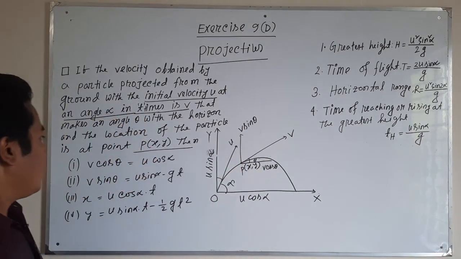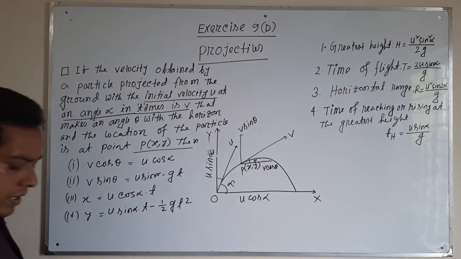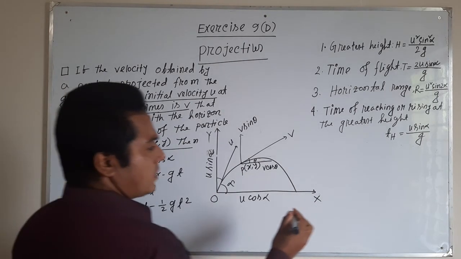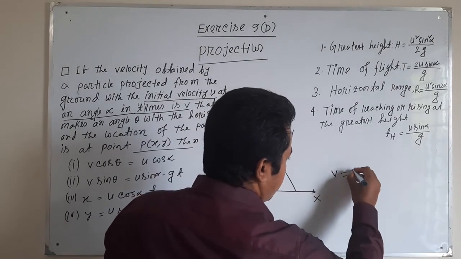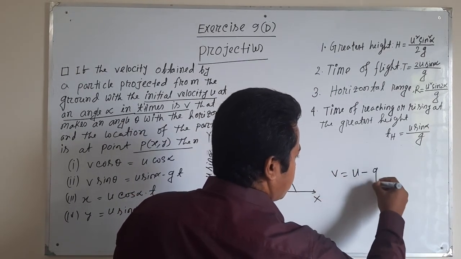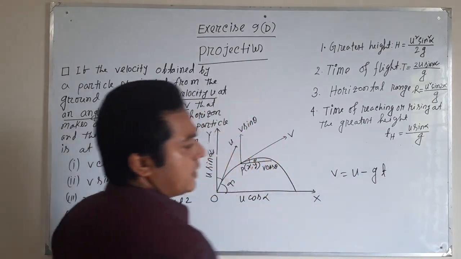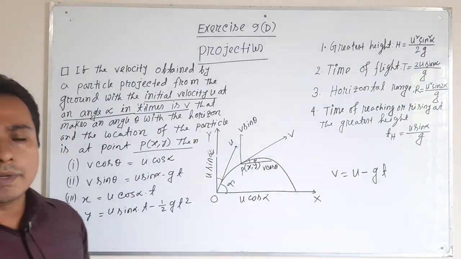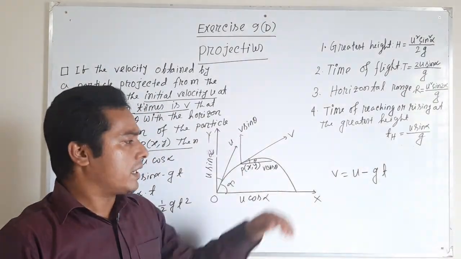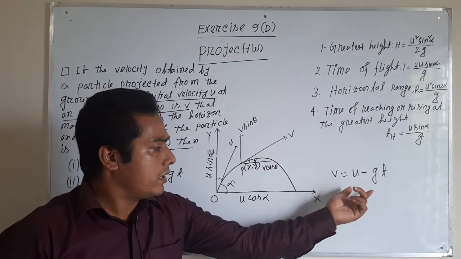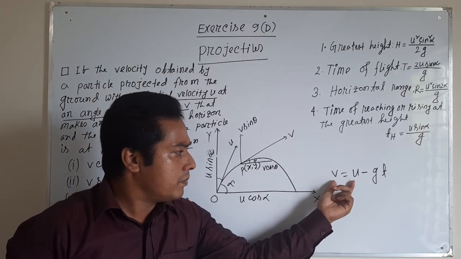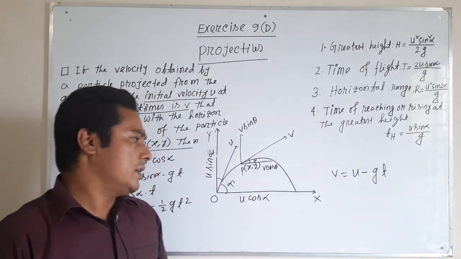Now, for the equation of motion, we already know v equals u minus gt, because g is the gravitational acceleration acting in the downward direction.